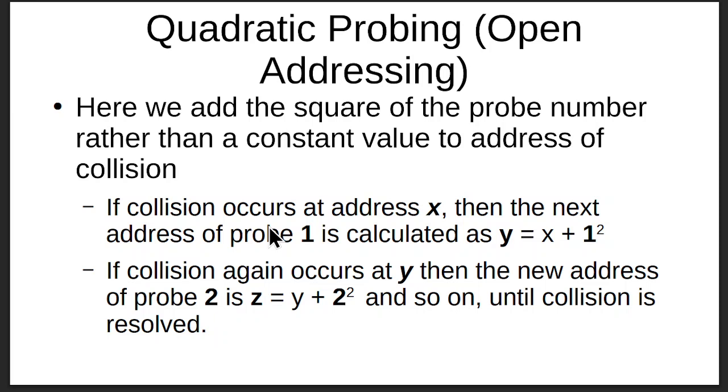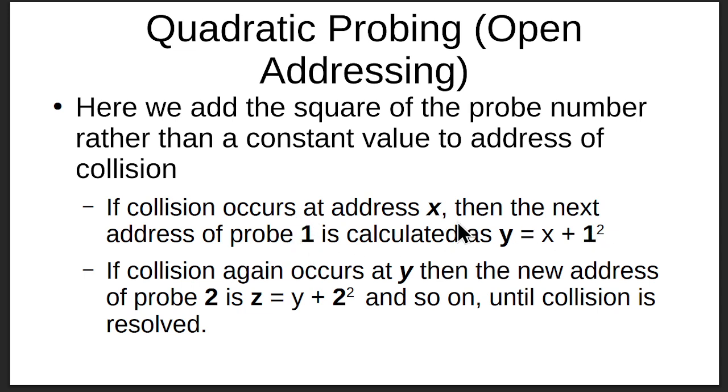If you remember, in linear probing we added a constant value whenever a collision occurred. In quadratic probing, we add the square of the probe number being sent to the current address where the collision occurred. So the first probe will contain the address where the collision occurred plus 1 square. This 1 denotes probe 1.